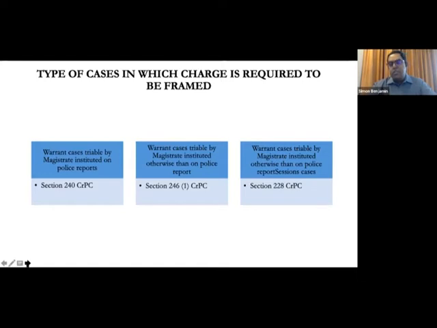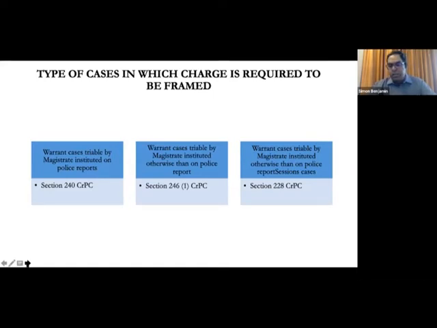So there are three stages of this evidence being led by the complainant in a complaint warrants case, while in a complaint summons case, you'd only have two such stages where there is pre-summoning evidence before the accused comes in and is summoned, and the later stage is when the complainant wants to lead complainant evidence.